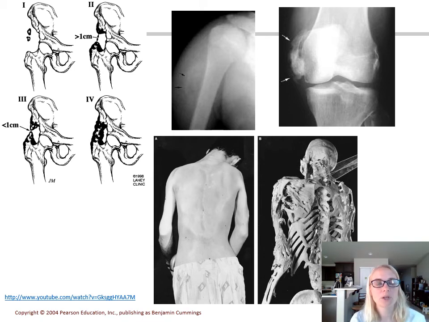There is a YouTube video of this disease. I can't think of the name, something like fibrodysplasia ossificans progressiva, or something along those lines. Basically, it's a disease where the individual's tissues, like skin and muscle, turn into bone after some kind of injury. It's a really devastating disease. Here is this patient alive on the left-hand side, and then after he died, he donated his body for research.